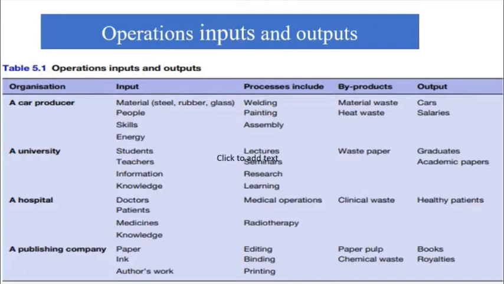And the byproducts have material waste, like the scrap of the metals, and also heat waste because of the use of machineries. And the final output is the car and salary. Maybe magtataka tayo ba't pumasok yung salary. Kasi nga, kaya pumasok yung salary kasi nagbabayad tayo ng tao para gumawa ng ating product. That's it.